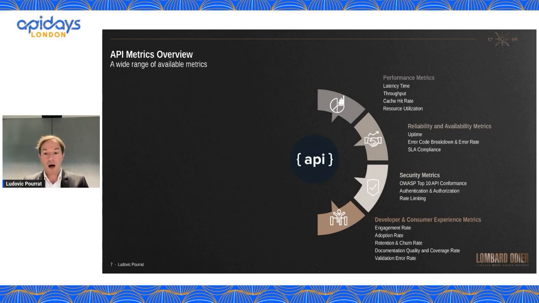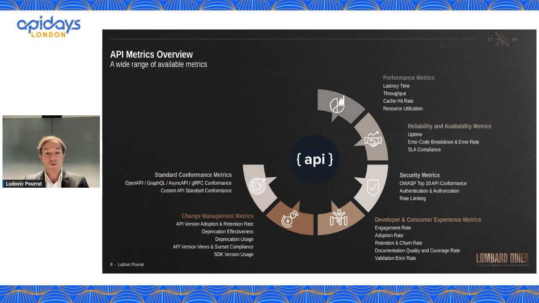But also the quality of the documentation and its coverage. And an important one is the validation error rate. How many 400 errors do you get in your sandbox or development environment? If you don't get any, maybe you don't validate against schemas, and if you get too many, maybe it's because your documentation is not well up to date.